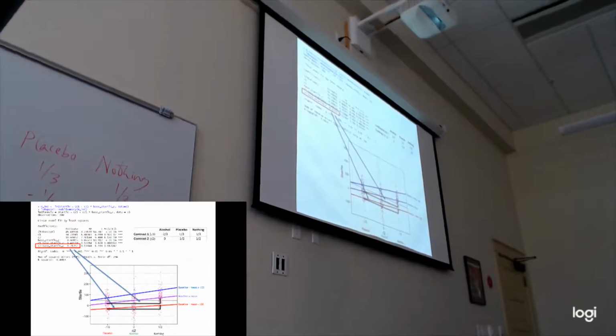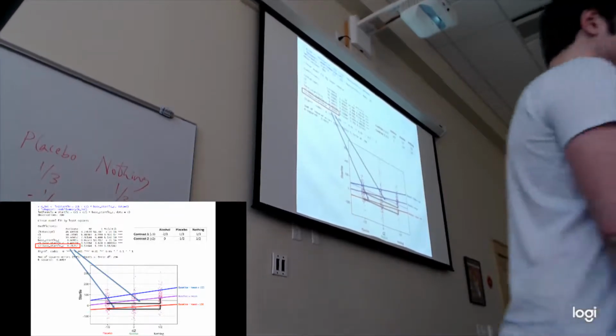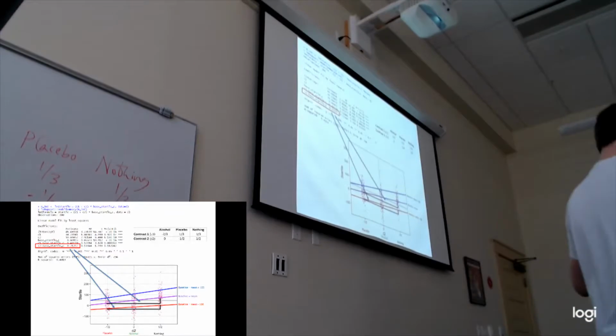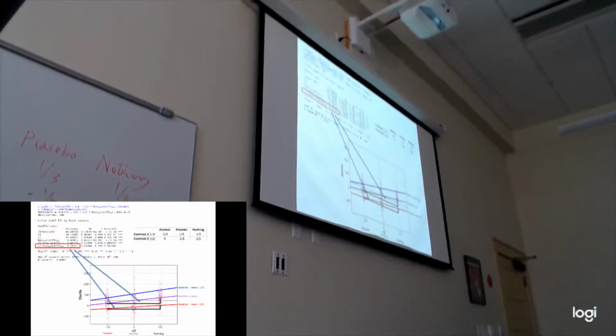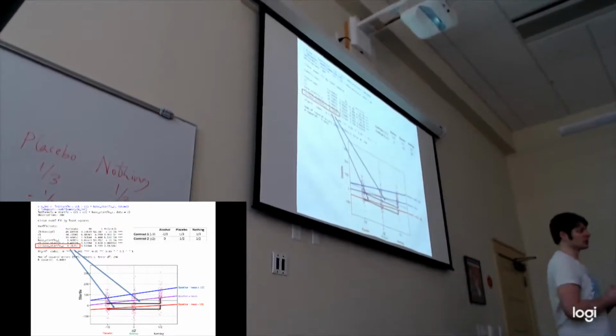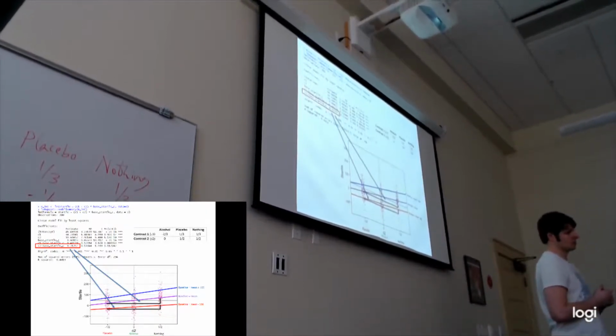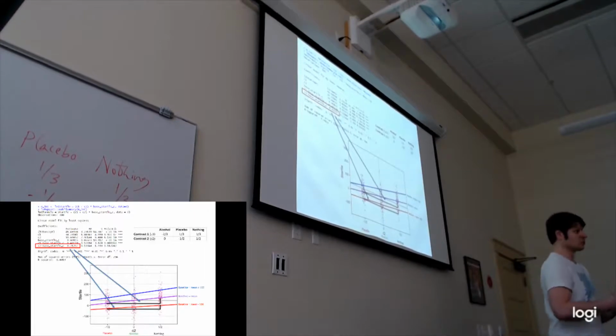startle response increases by 0.12 for 1 unit change in baseline startle. Yeah. So as you increase the unit in baseline startle, in anxiety, you can think of it as, you have to modify the predicted difference between placebo and nothing by 0.21 units. It gets 0.21 units more positive.